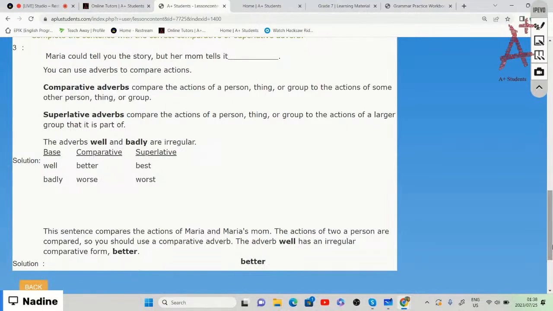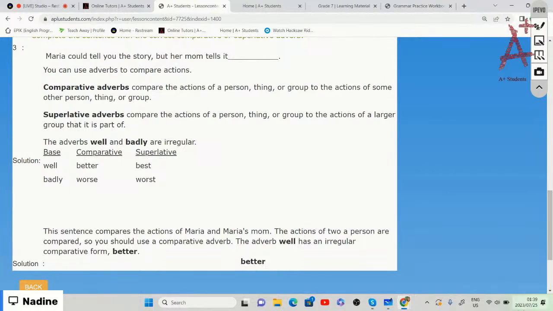So her mom tells it better than Maria. In this case, it is a comparative adverb. Maria and her storytelling is compared to her mom and her mom's storytelling, which means that her mom doesn't just tell it well, but her mom tells it better than Maria.